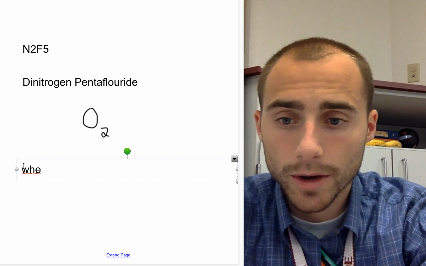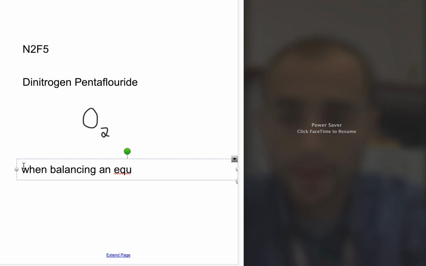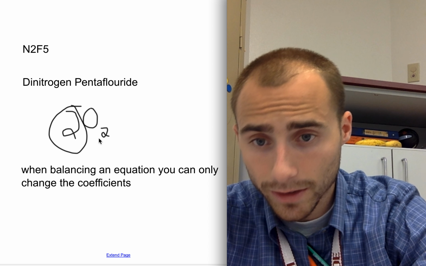When you're balancing an equation, you can only change the coefficients. Those are the numbers, remember, that come in front of each compound or each element. You can only change the coefficients. Like if you had 2O2 right here, this number is the only number you can ever change. This number right here has to stay the same.